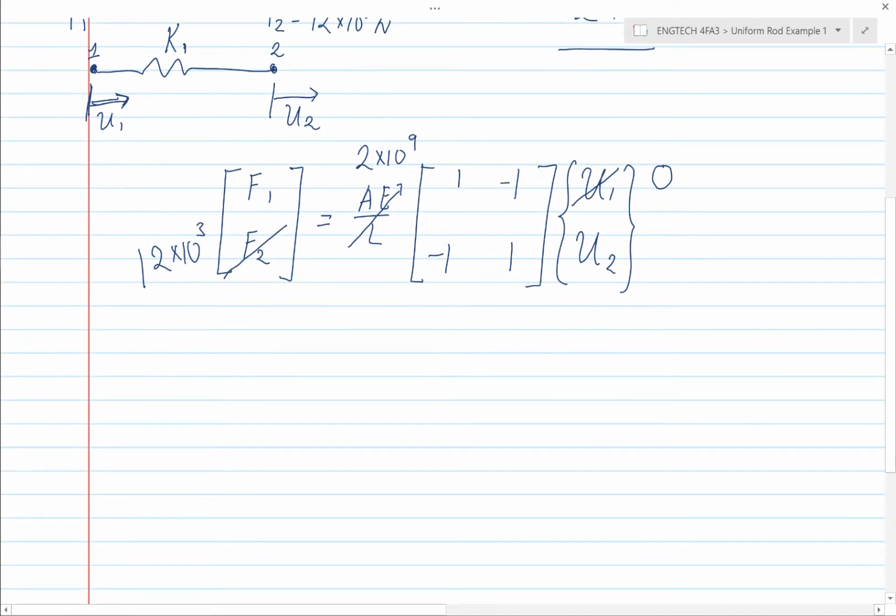So we're going to multiply the matrix. F1, 12 times 10 to the 3 equals 0 times 1 and then negative 1 times 2 U2.